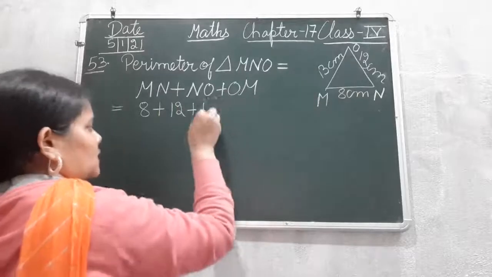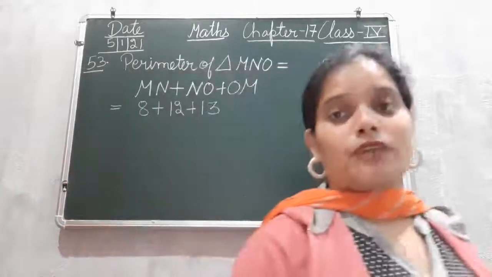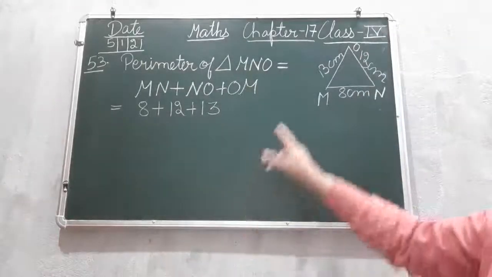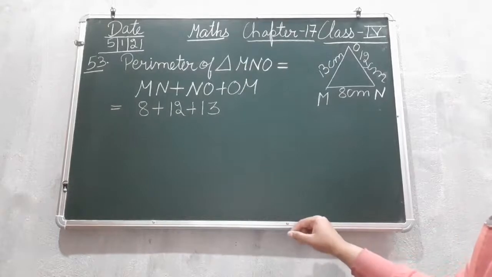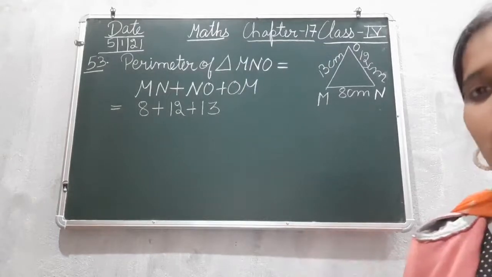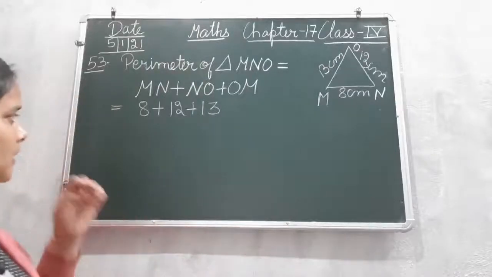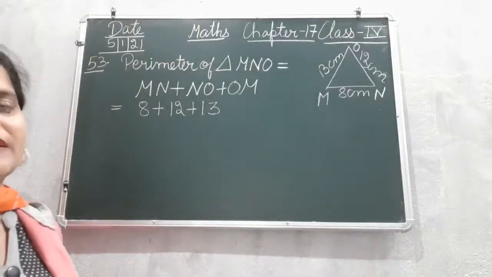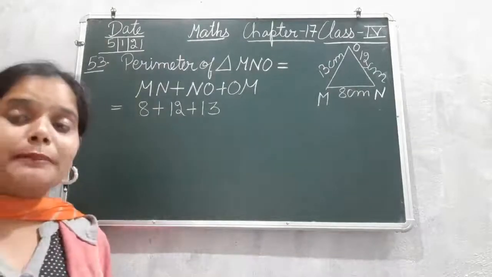OM is 13 centimeter. So these are the measurements of all the three sides of this given triangle, that is 8 centimeter, 12 centimeter and 13 centimeter. Okay, so let's find out the perimeter.